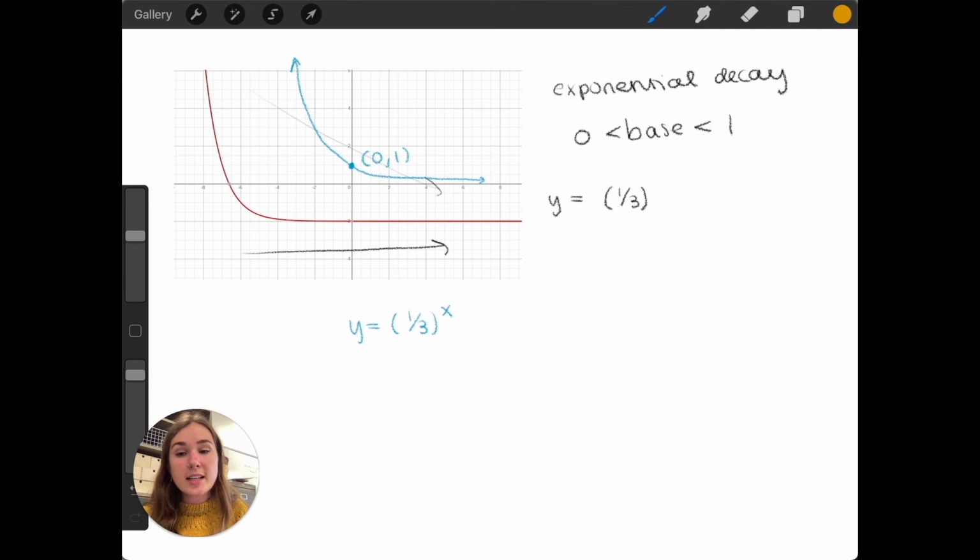So the first thing I notice is that this point definitely was shifted to the left here. And then it was also shifted down. So what I'm seeing is that it was shifted to the left and then it was shifted down.